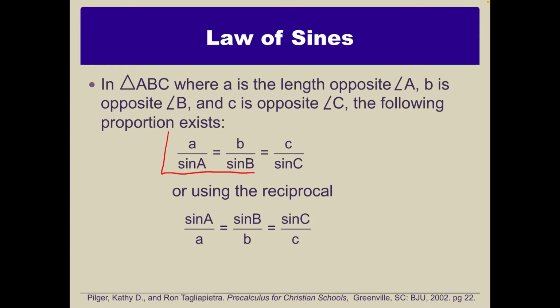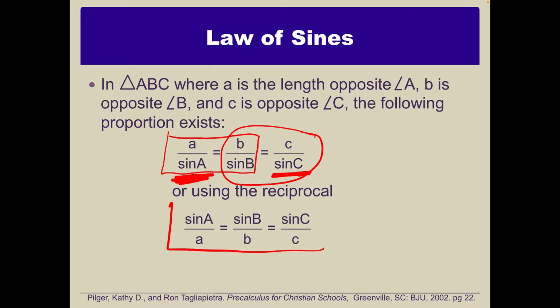We just take a proportion, but several proportions work, so we can use that proportion, we could use this proportion, or we could say a over sine A equals c over sine C. Also, if we're trying to find an angle rather than a side, we can use the reciprocal form of the law of sines.